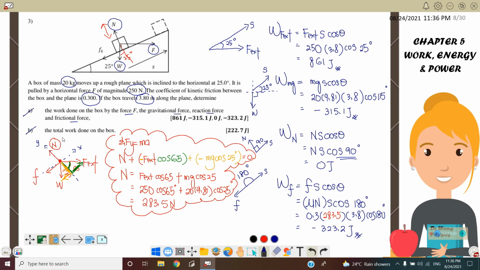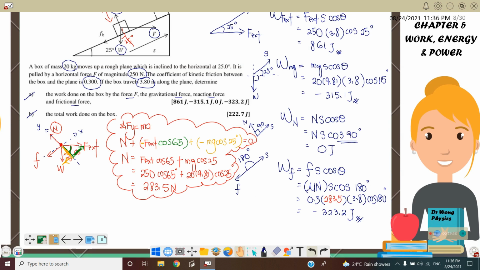Part B, find the total work done on the box. Similar to question number 2, we just add all the work done just now: the work done by the normal force, by gravity, by friction, and by the external force. The normal is 0, the work done by gravity is negative 315.1, the frictional force is negative 323.2, plus the external force is 861.